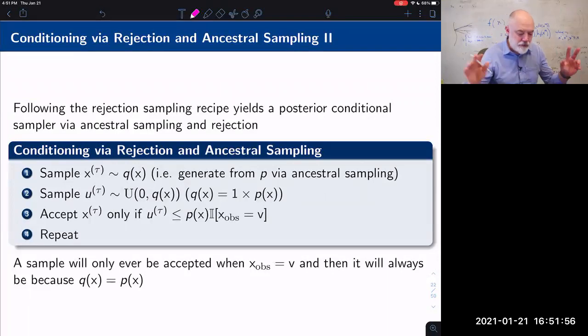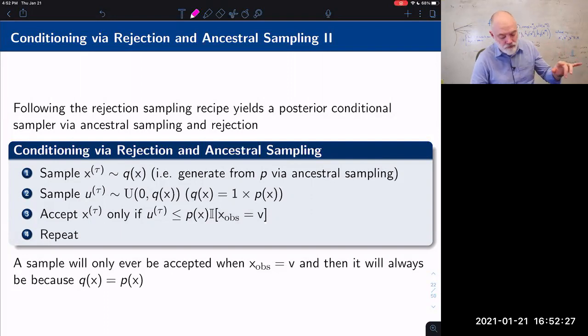So following this rejection sampling recipe yields a posterior conditional sampler via ancestral sampling and rejection, right? Sample x tau from Q of x. In other words, generate from P via ancestral sampling. Sample U tau between 0 and the value of Q at x, where Q of x is again just the joint. Then accept if and only if U is below P of x times this indicator function.